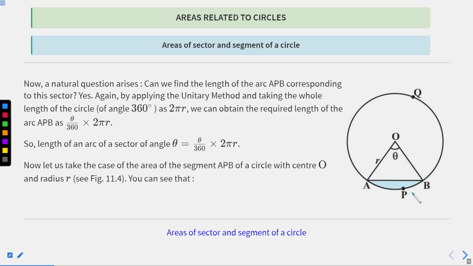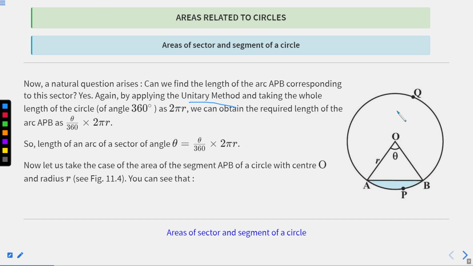Okay, so yes, again by applying the unitary method and taking the whole length of the circle as 2 pi r. We know that the perimeter of the circle, that is the total length of the entire circle, is equal to 2 pi r, where r is the radius of the circle. Here we are taking the whole length of the circle of angle 360 degrees as 2 pi r.